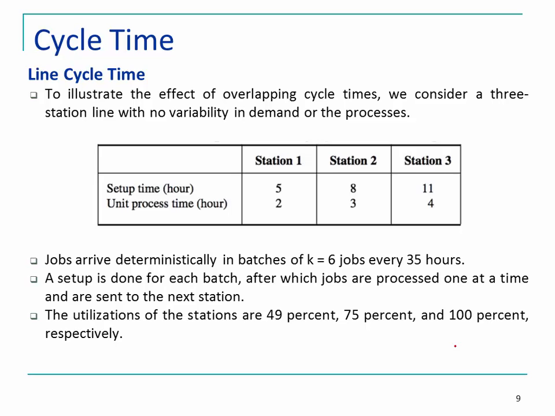We know the arrival time for each part, and we have batches of 6 every 35 hours. A setup is done for each batch, after which jobs are processed one at a time and sent to the next station. The utilizations of stations 1 through 3 are 49%, 75%, and 100% respectively.